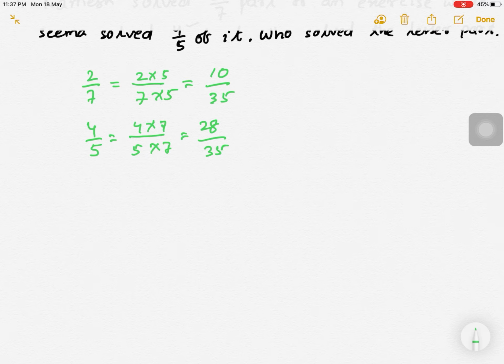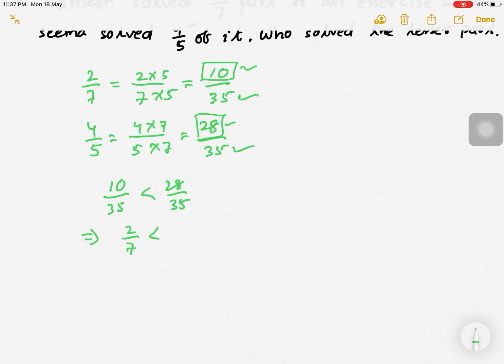Now we have changed it into like fractions, and then we have to look for the numerator, and which is the greater one. So 28 is the greater one and 10 is the lesser one. So as we know that 10 by 35 is less than 28 by 35, so 2 by 7 is less than 4 by 5.